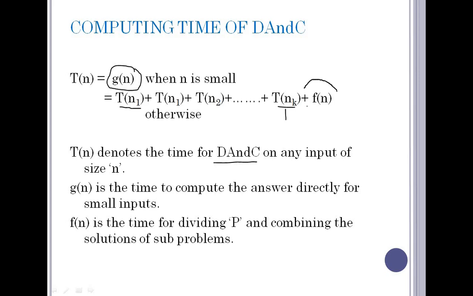After that, f(n) is the function, or the complexity, that we require to divide the problem and to combine the solutions. We will see the detailed analysis further, but this is the abstract way to represent the computing time of the divide and conquer strategy.